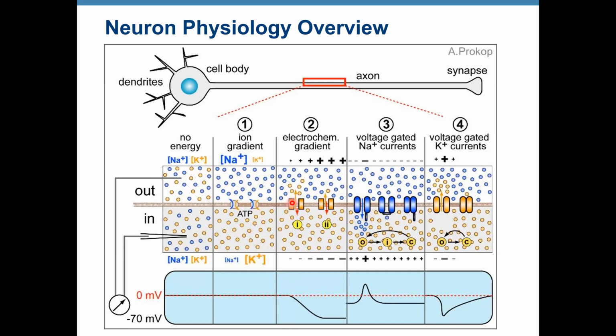But when we open potassium leakage channels and potassium starts moving out, the cell becomes more and more negative. When the cell inside became negative, it starts attracting potassium back in.